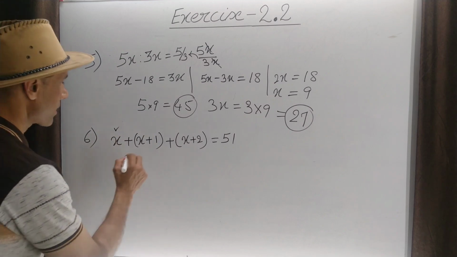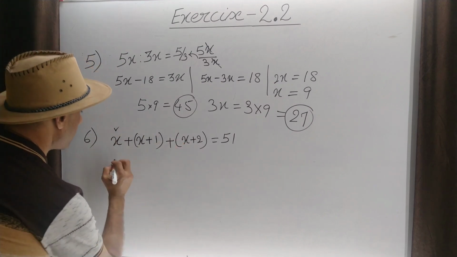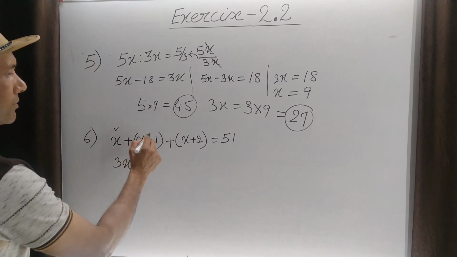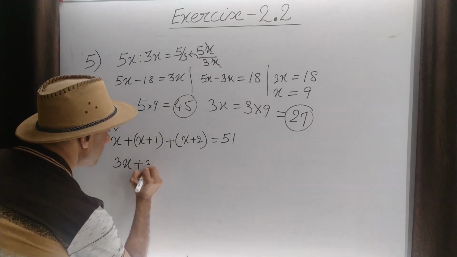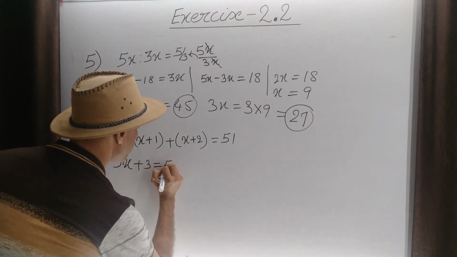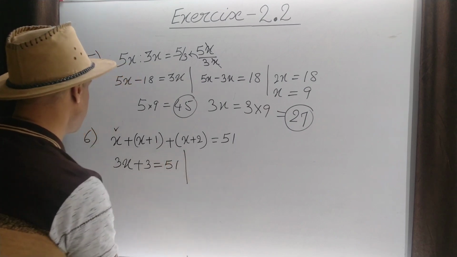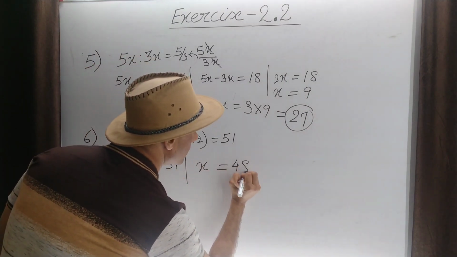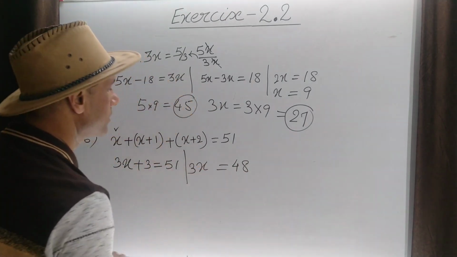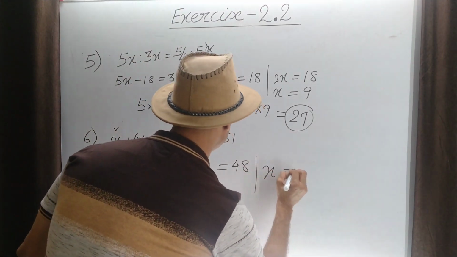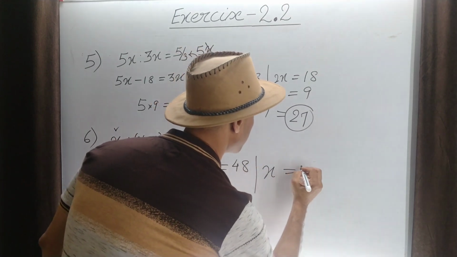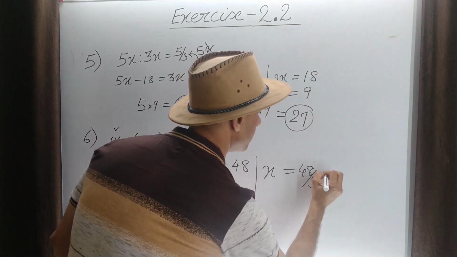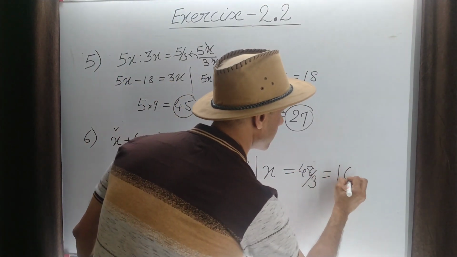Let's solve this. We get x plus x plus x as 3x, 1 plus 2 is 3, so 3x plus 3 is equal to 51. That means 3x is equal to 51 minus 3, that is 48. So x is equal to 48 divided by 3, that makes it 16.